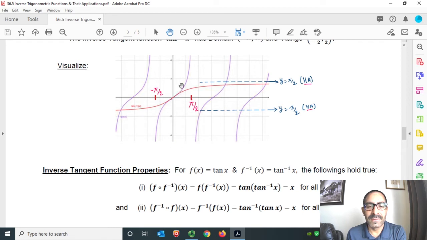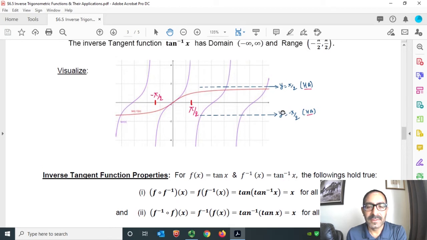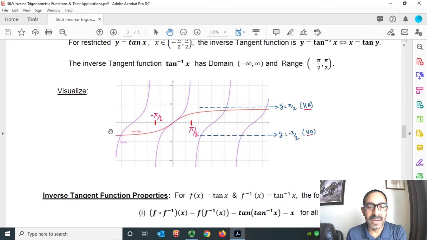And now we are flipping this tangent function's graph across the line y equals x. Then this becomes this graph now. Now this is the inverse tangent function's graph whose domain here is everything, and range is minus pi half to positive pi half.